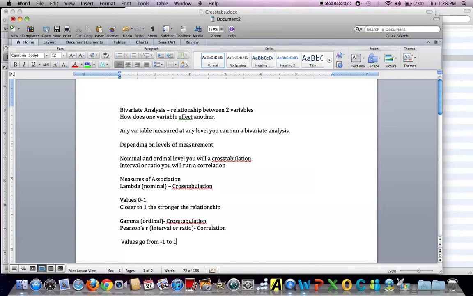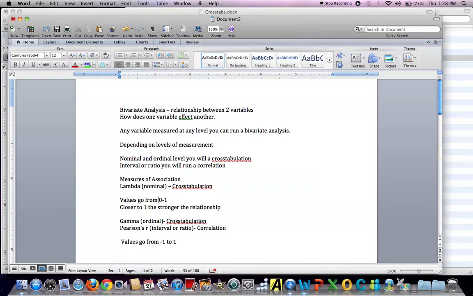Lambda can't show direction, because the characteristic of a nominal level measure is that it has no rank order, meaning there's no difference between one category over the other.